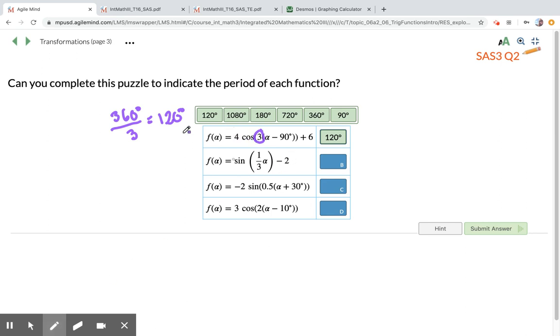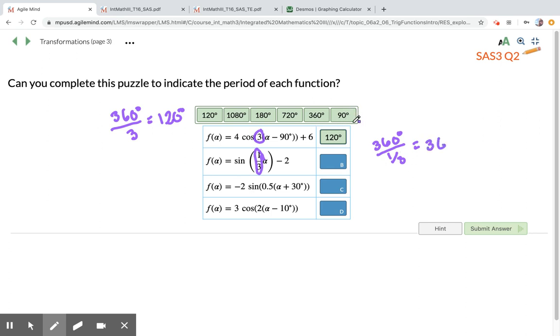Let's look at this next one. This next one is a little more complicated, but again, I'm looking for my C value. There it is, that 1/3. And again, our formula said if I want my new period, I need to take my 360 and divide it by 1/3. Now this does look weird, right? Because you have a fraction within a fraction. Remember that with fractions, you don't need to divide.